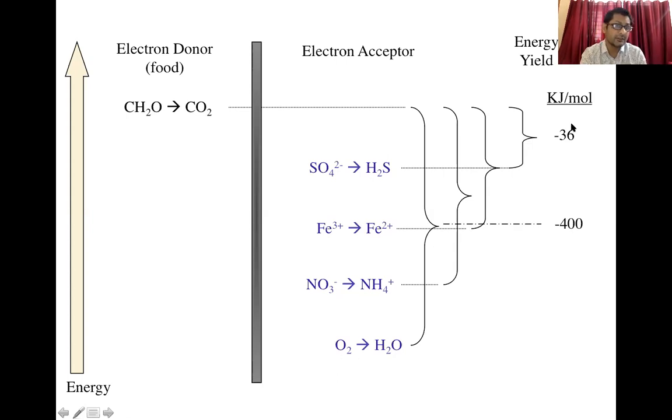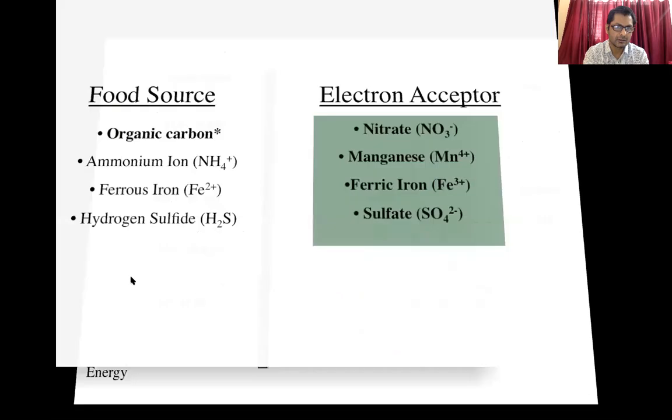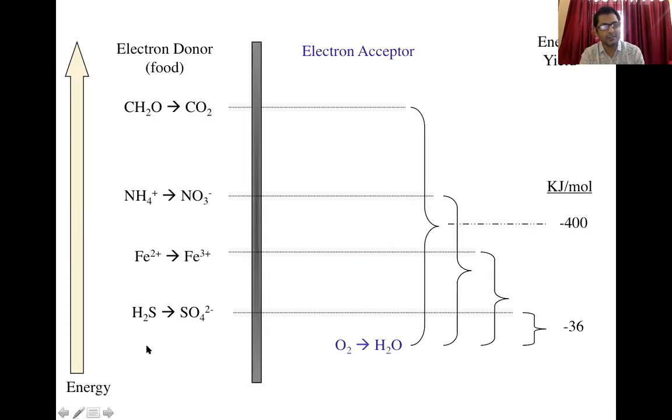Right? This is the same kind of thing which we read here. In the last slide, we read that the sulfide is converted into sulfate in the presence of oxygen. That was an aerobic reaction, right? If we repeat, you see that the sulfide is converted into sulfate in the presence of oxygen. So aerobic reaction, and the energy release was very low, which is 36 kilojoule per mole.